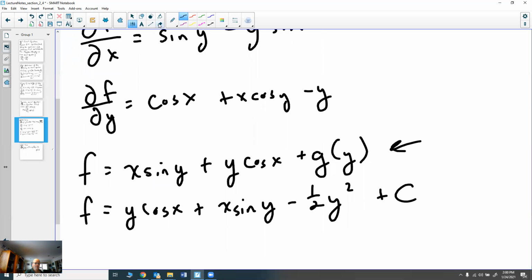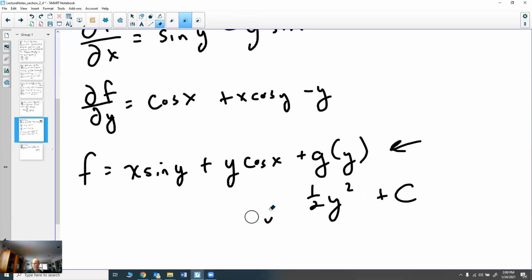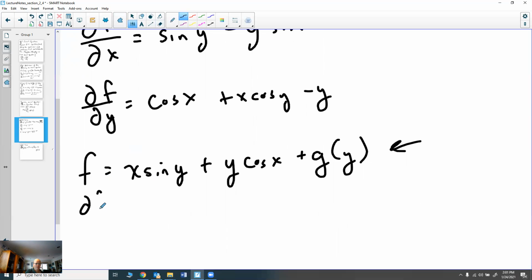So instead of doing this integral again, I'm going to get rid of that, because it got me where I wanted to go, but it was a little complicated. What I'm going to do is take the derivative of this f that I just found with respect to y and compare it to the one up here.